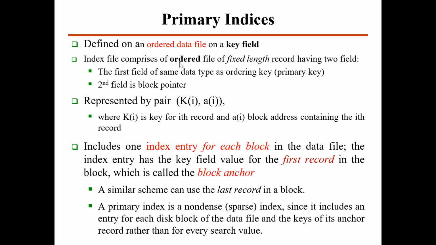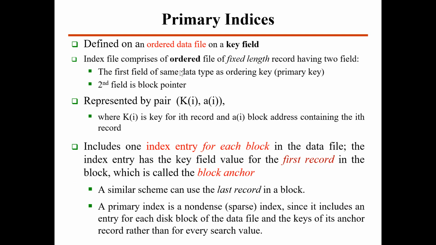Now let us learn more about primary indexes. As we know, the primary index is defined on an ordered data file, or sorted data file, on its key field. The index file of the primary index consists of fixed length records, having two fields inside it.